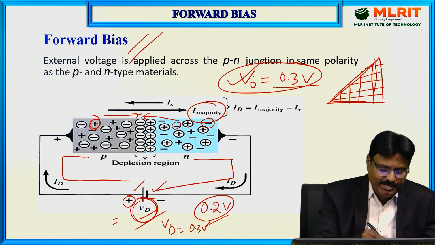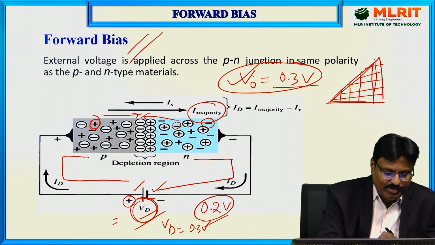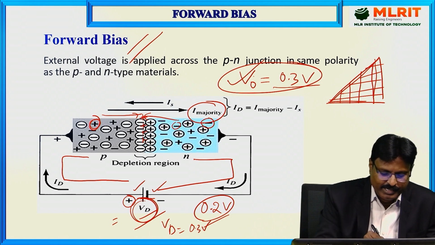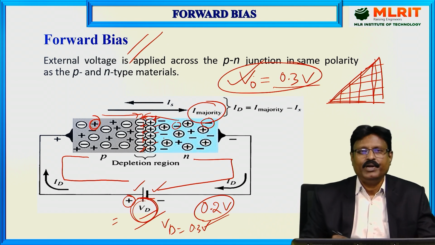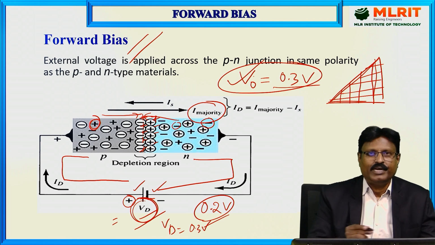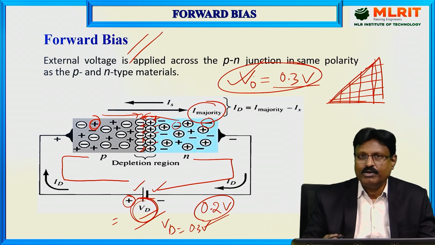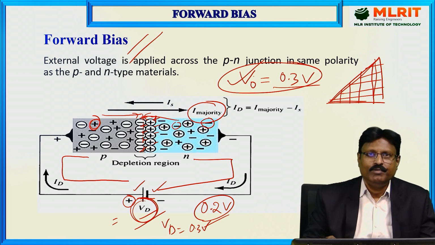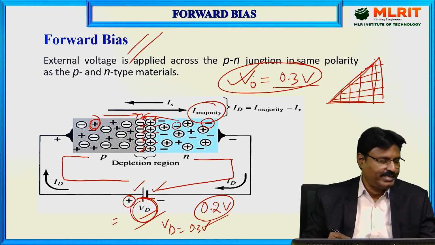Due to the movement of the holes, the coverage happens once again like this, and here the coverage happens with the electrons like this. Why? Because the movement is happening from the p side to the n side, where the barrier potential is not there, meaning all the holes will move. So finally the depletion region will be absent like this.